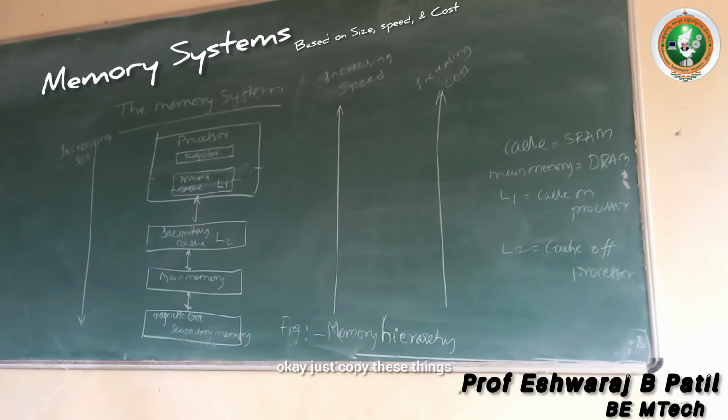Just copy these things. Very fast. Low, large. Sorry, very fast, large. Write it large. Expensive.